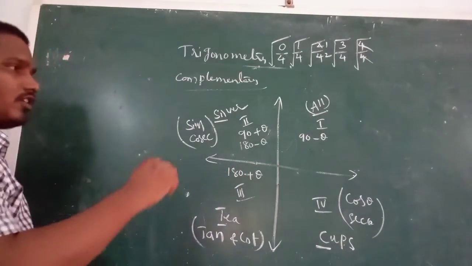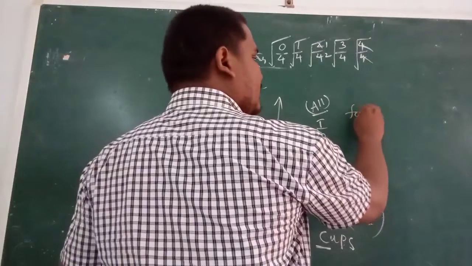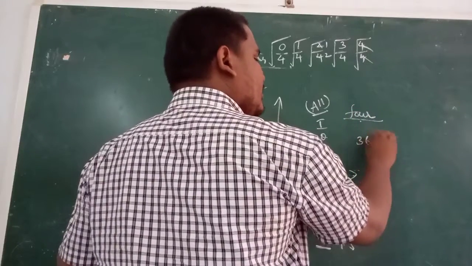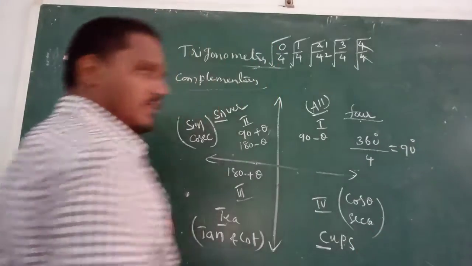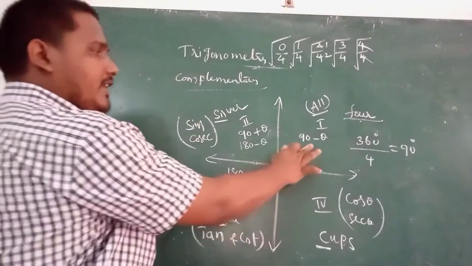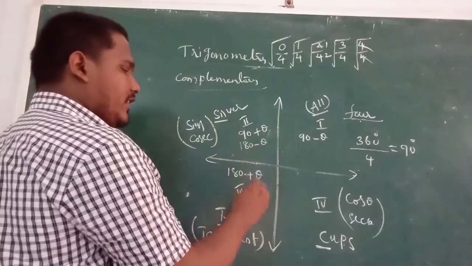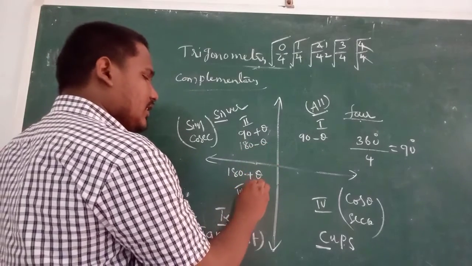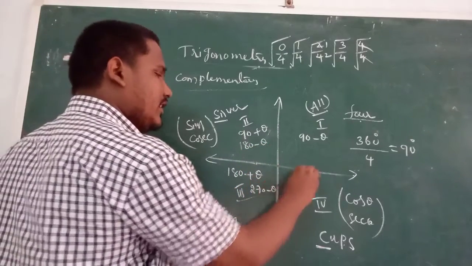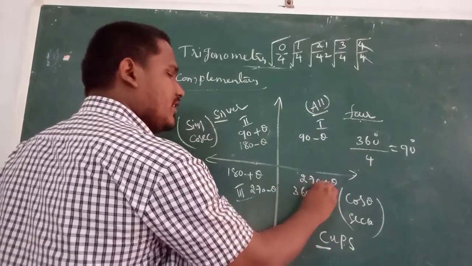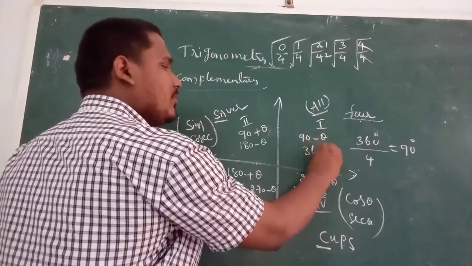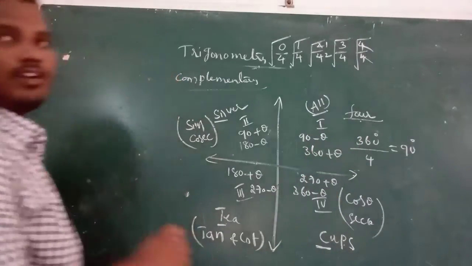Four quadrants, total angle 360 degrees divided by 4 is equal to 90 degrees. So 90 minus theta, 90 plus, 180 minus, 180 plus. Third quadrant: 270 minus theta, 270 plus. Again 360 minus theta in the fourth quadrant, 360 plus theta in the fourth quadrant.